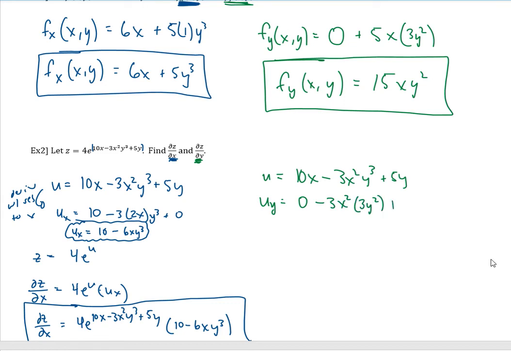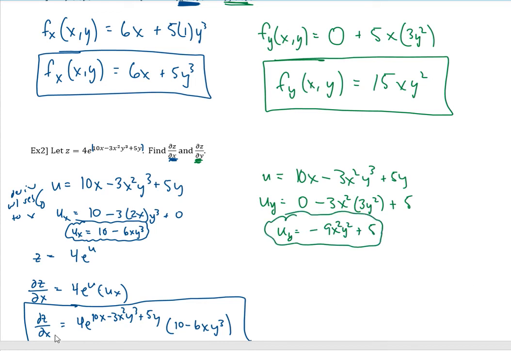And then plus the derivative of 5y would be 5, because it's with respect to y. Okay, and then just like the first one in blue, this could be cleaned up a little bit. Let's make that look like a y. So the partial derivative of u with respect to y becomes negative 9x squared y squared plus 5. Okay, so there's our partial derivative.